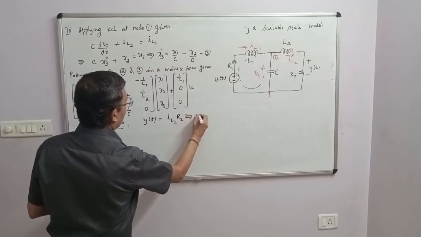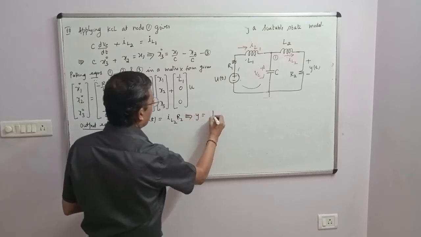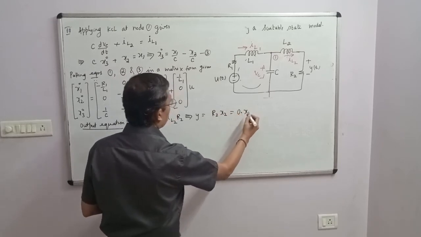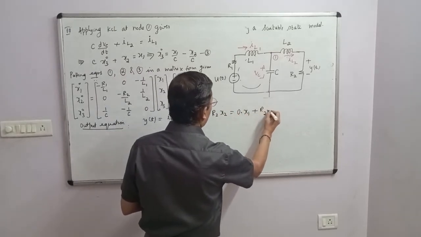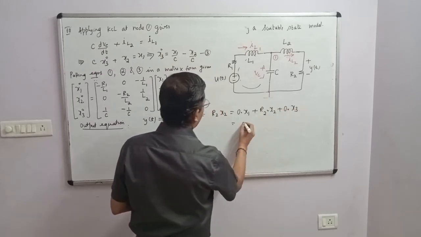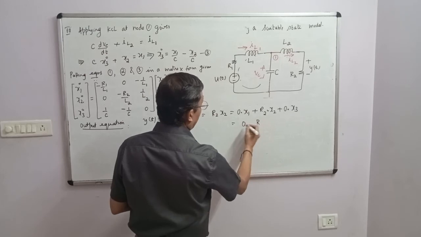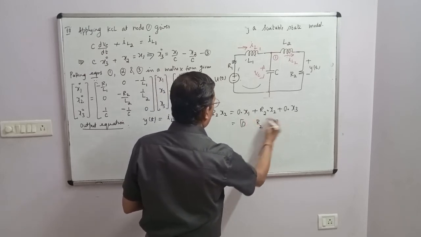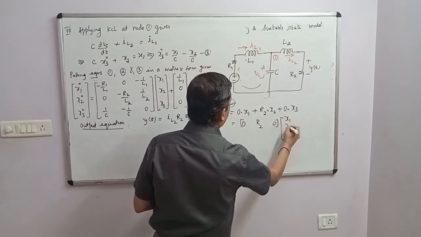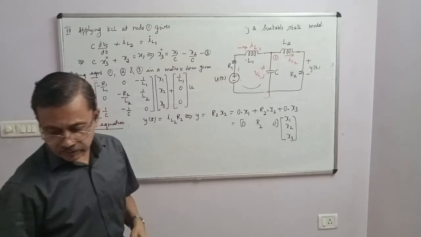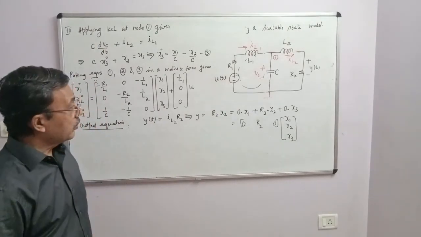IL2 is x2, so y is equal to R2 into x2. This is nothing but 0 into x1 plus R2 into x2 plus 0 into x3. This is nothing but a row matrix having elements 0, R2, 0 multiplied by the column vector having the elements x1, x2, x3. This is the solution.